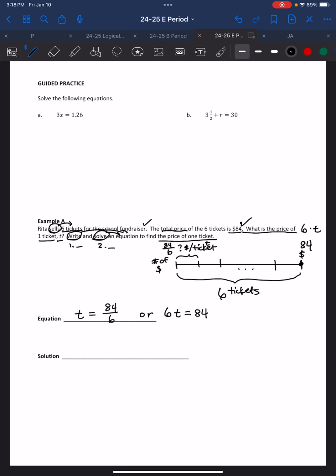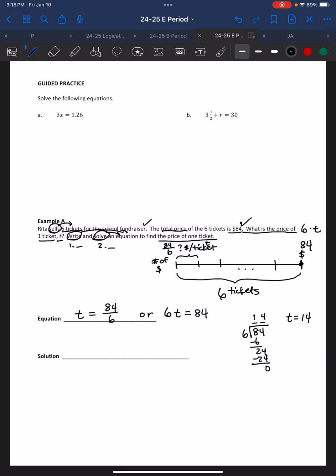I can simplify that and do 84 divided by 6. And I see that another way to express this is T equals 14. So that's the solution to this equation, T equals 14.